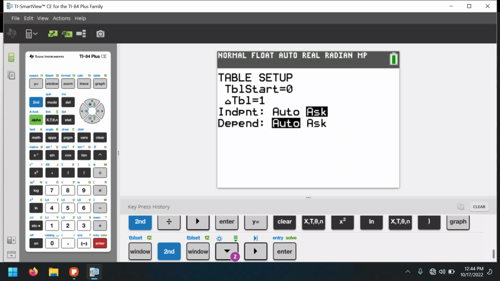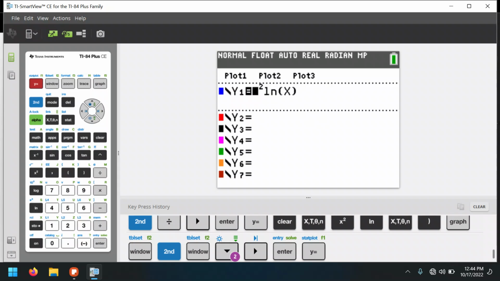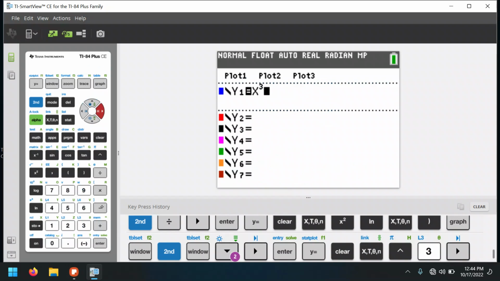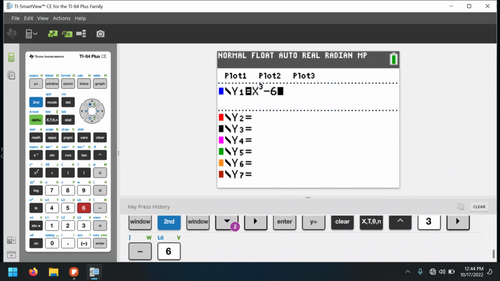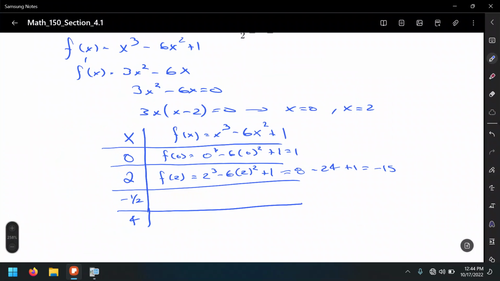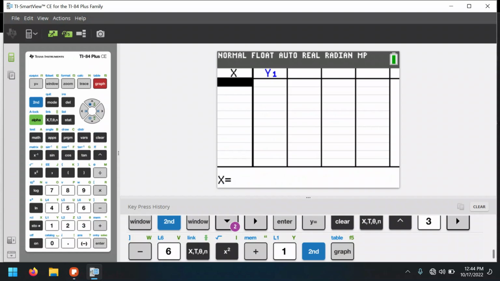Let me write down the function again. So that's x cubed minus 6x squared plus 1. And let's go second table. Notice that this table is going to show empty, so I'm going to plug in all the values: 0, 2, negative a half, and 4.